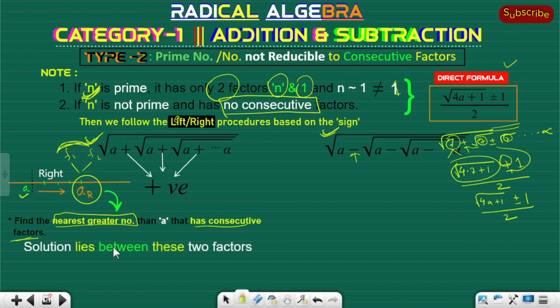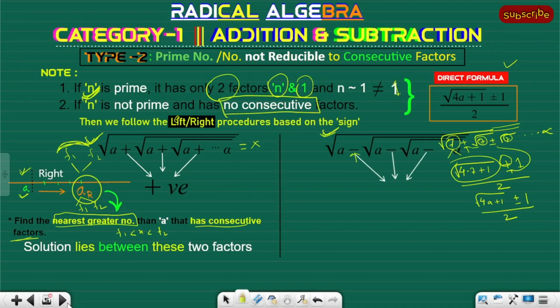Then the solution lies between these two consecutive factors. Example, A is the number here. AR is the number that has two consecutive factors F1 and F2. Then the value of this solution, let's say X, then F1 less than X less than F2. This would be the solution.